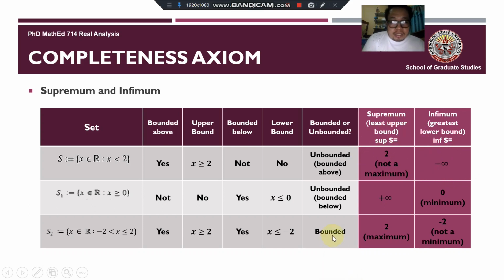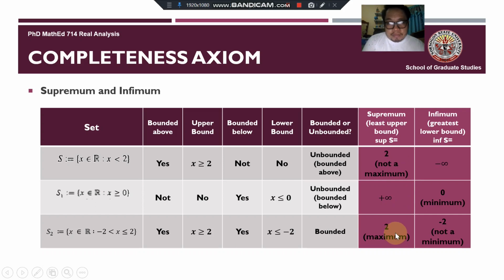Again, this is a bounded set. The supremum is 2, and this is considered a maximum, unlike with set S sub 1, where 2 is excluded as an element of the set, so that is not considered a maximum.